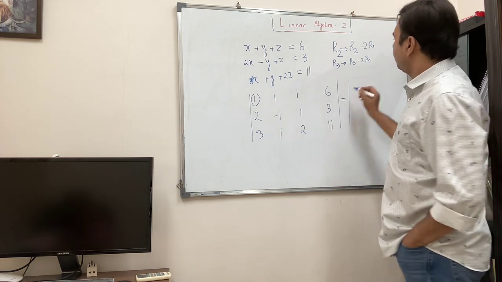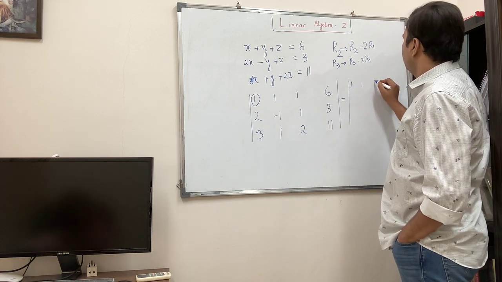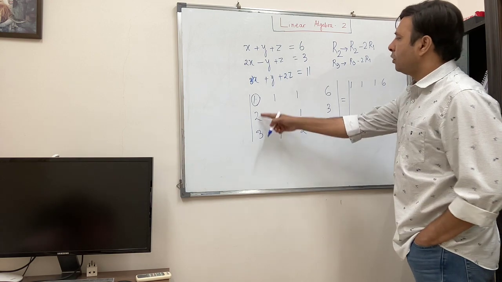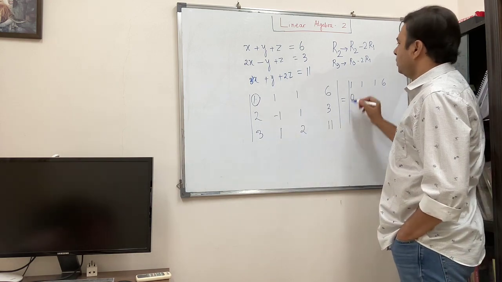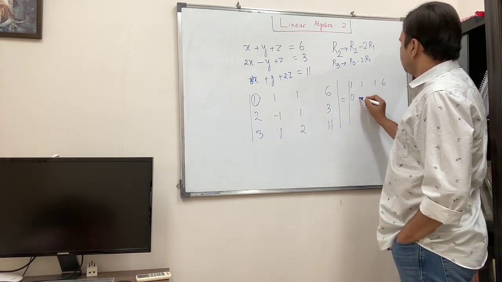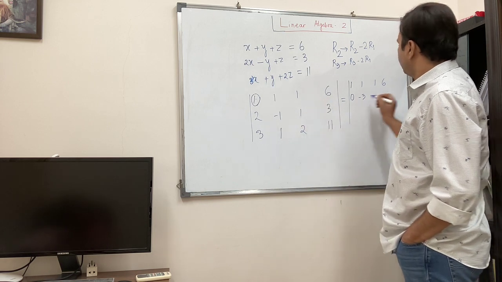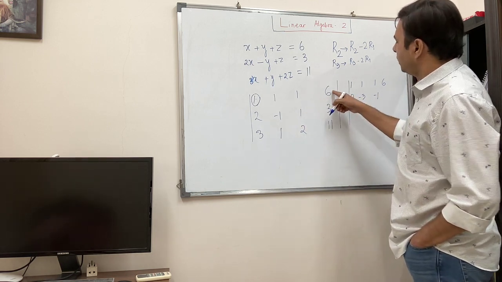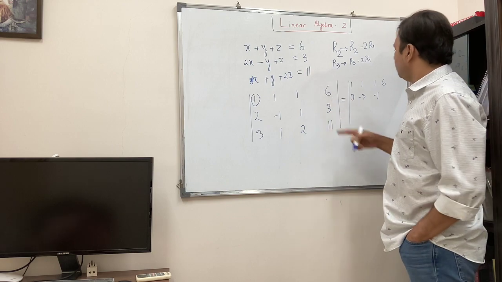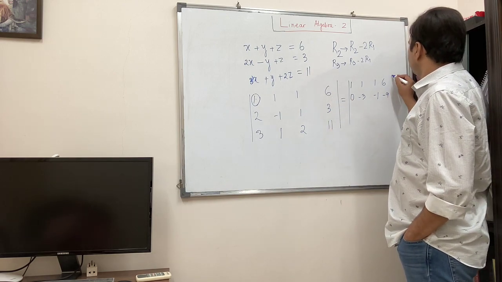So it will translate to, the first row stays 1 1 1 6, the second row this thing becomes 0, 2 times of this minus 1 is minus 3, 2 times of this minus 1, 2 times of this is 12, 3 minus 12 is minus 9, right?